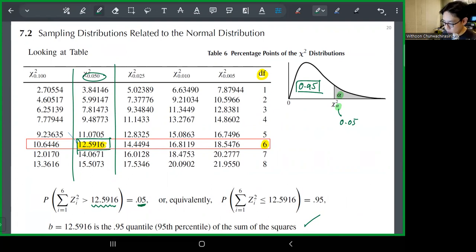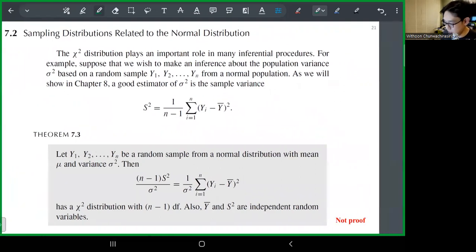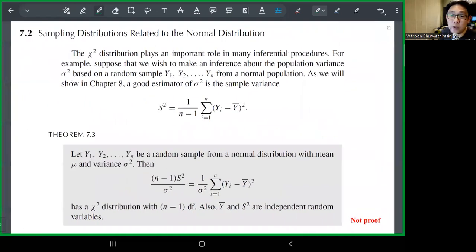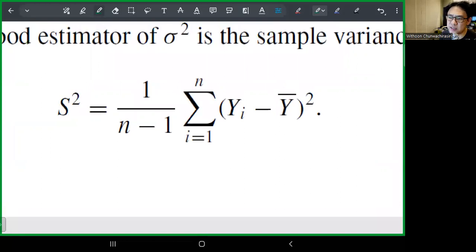Cool. I hope this gives you an idea, and I'm just going to leave it there, because we don't want to prove this one. But the chi-square distribution plays a very important role, because this is the one you're going to face a lot. For example, if you look at this formula, we use it to evaluate the variance of the sample.